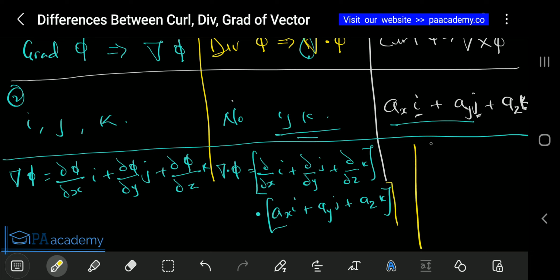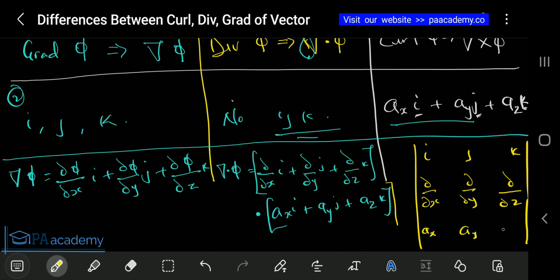With that, you're going to be having something like this. You have i, j, and k, and then you're going to be having d over dx, partial differential of d over dy, partial differential d over dz, and then the function itself will come here, so that will be ax, ay, az. You don't need to add the i, j, and k in the third row. So this is for curl.